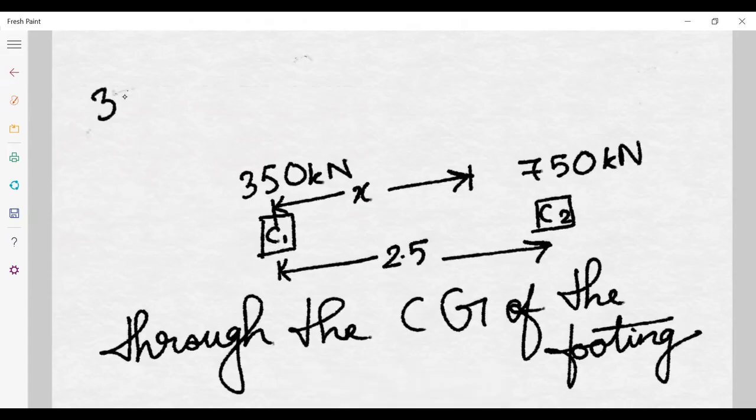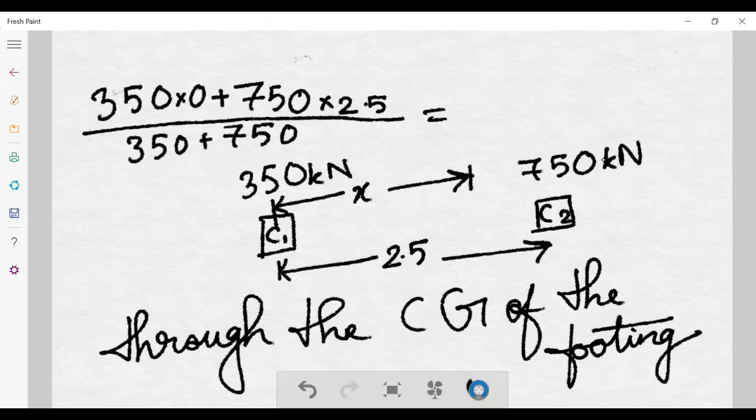It will be 350 into 0, taking its location as 0, plus 750 into 2.5, the location of 750, divided by 350 plus 750.